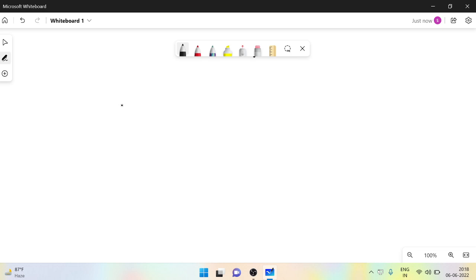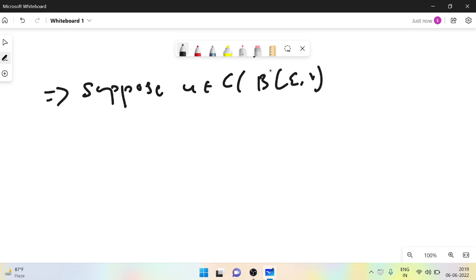I have proved these theorems. So this is the generalized version of the previous theorem. Suppose u belongs to the set of continuous functions on the closed ball and is harmonic in the ball.